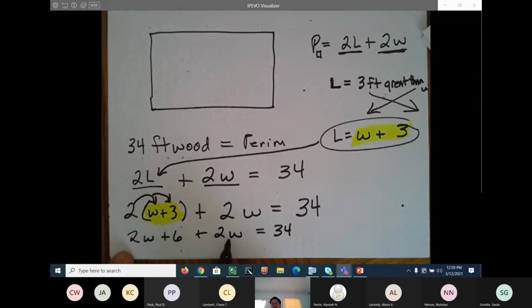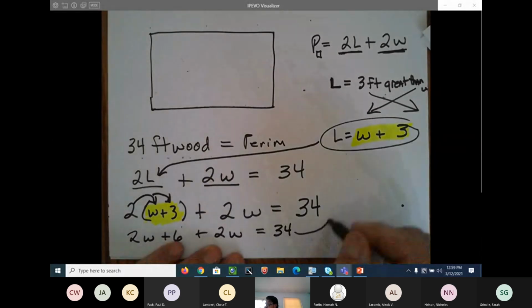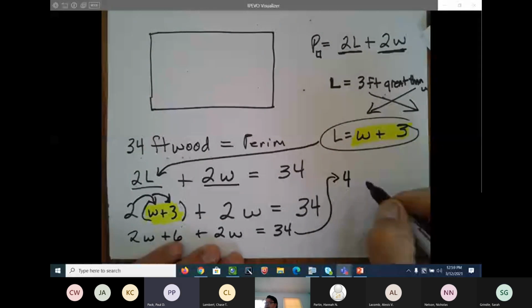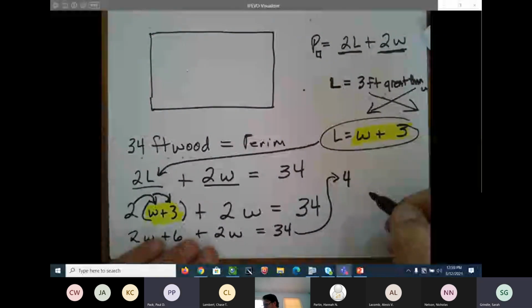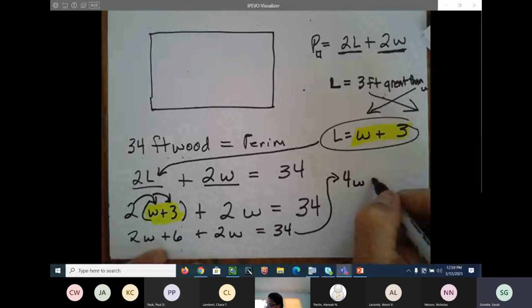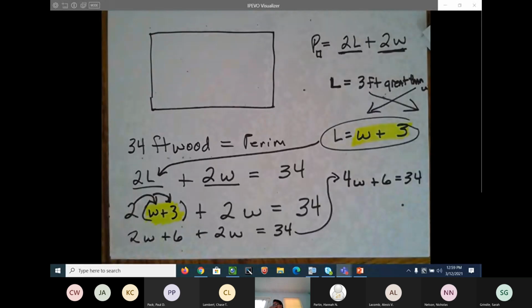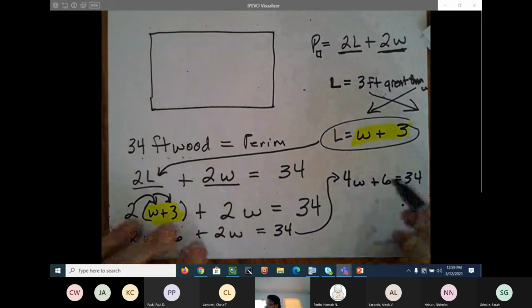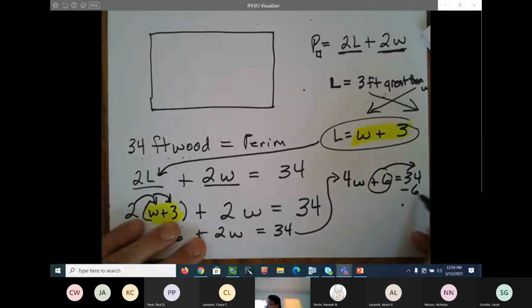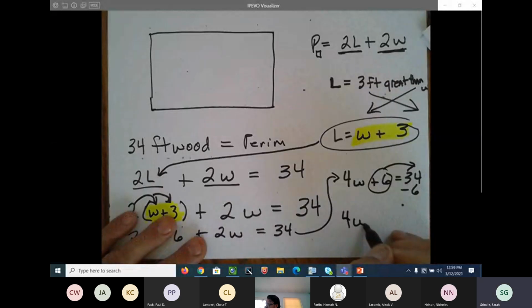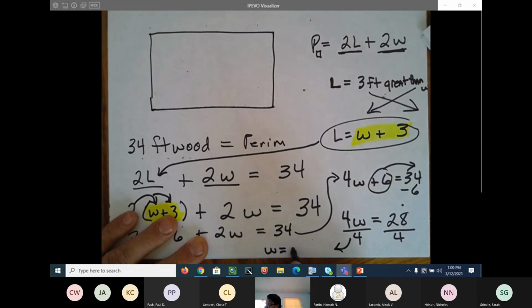What is 2W plus 2W? 4W. So 4W plus 6 is equal to 34. And take that 6 across the river. 4W is equal to 28. And W is equal to 7.